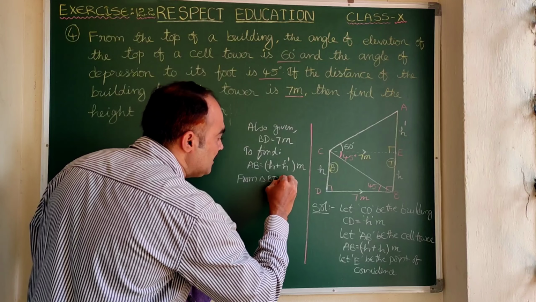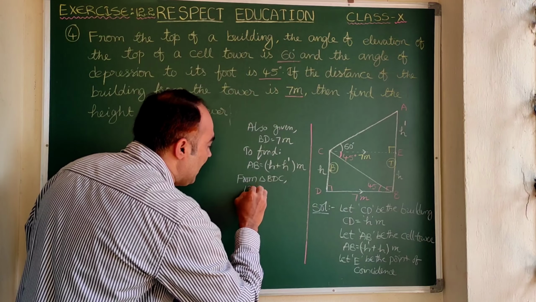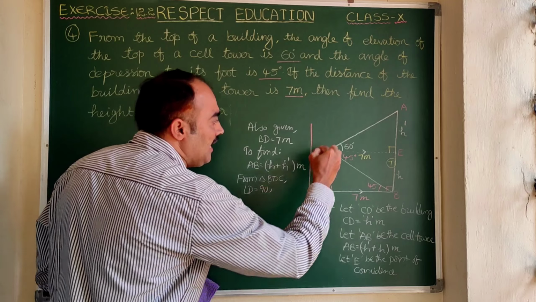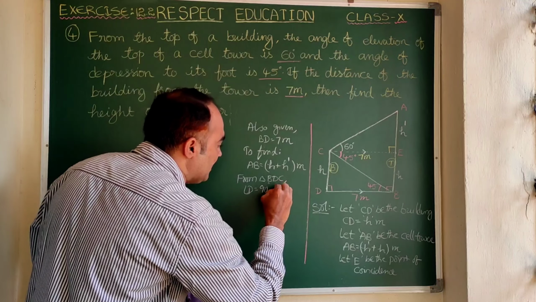From triangle BDC, angle D is equal to 90 degrees and angle CBD is 45 degrees.